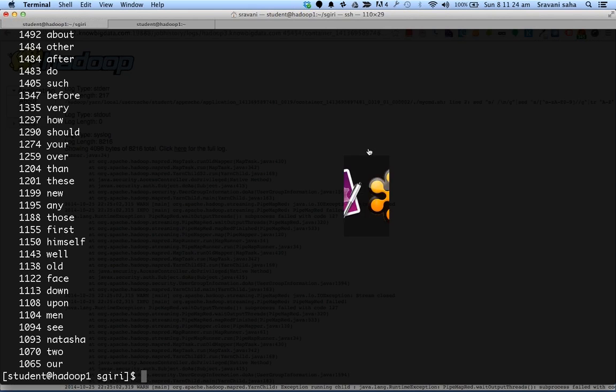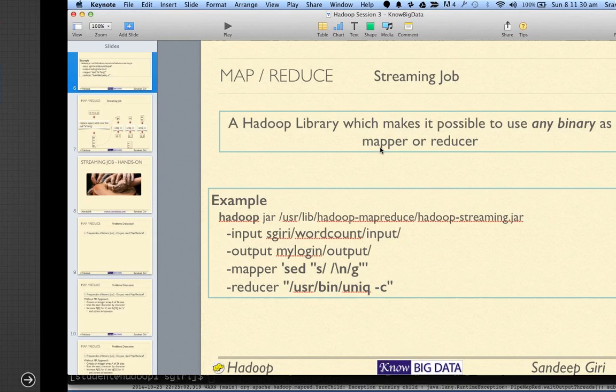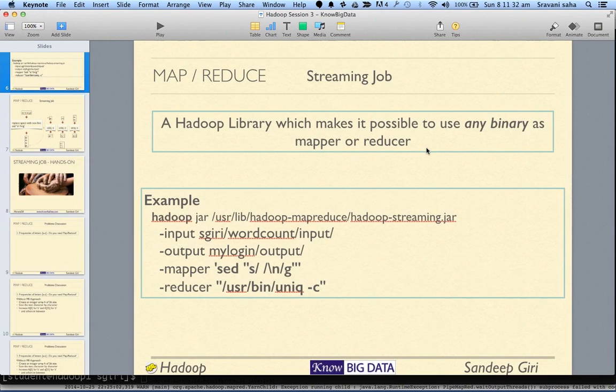So those of you who are not comfortable with Java, you can use a streaming job. The other reason to use a streaming job is that I am far more comfortable with streaming jobs because you don't have to code too much. If you are handy with the Unix command line, you can quickly get your job done by writing shell commands and passing them to streaming.